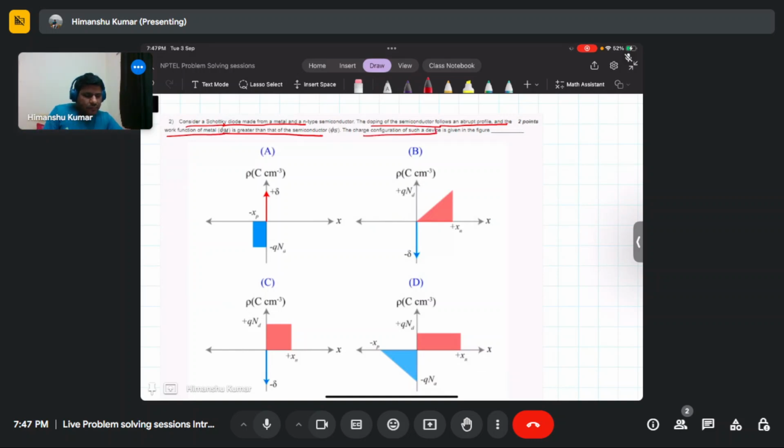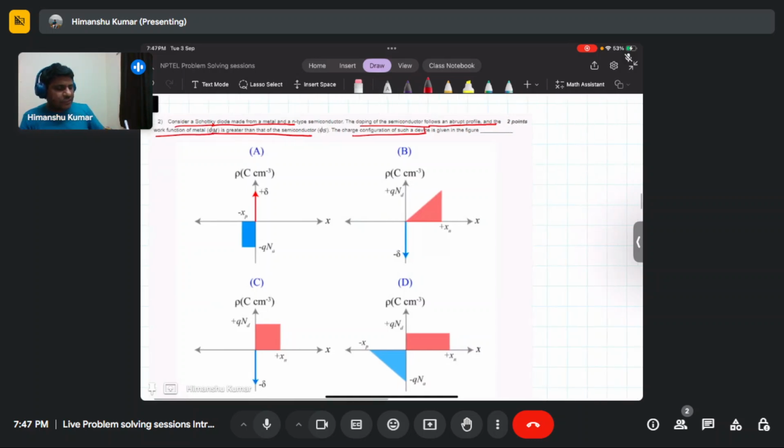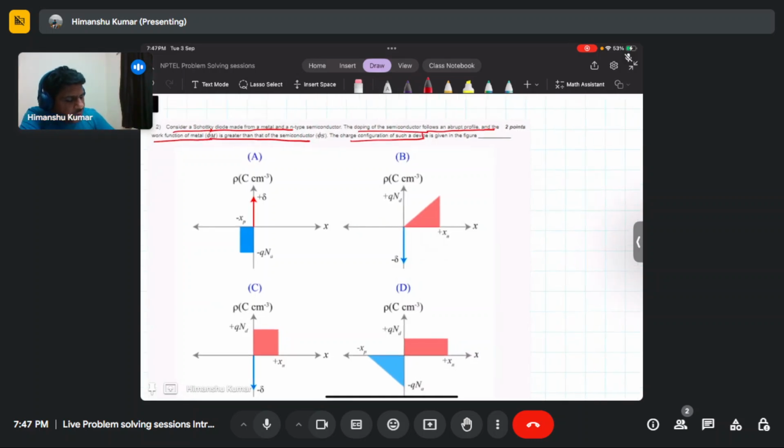So let's draw the band diagram, basically the non-contact band diagram. Draw the vacuum level, and this is the metal work function.